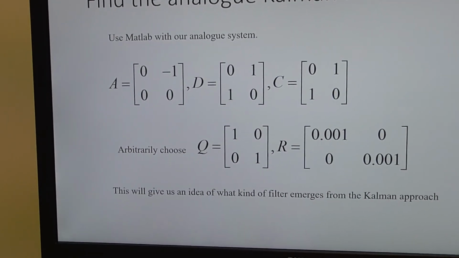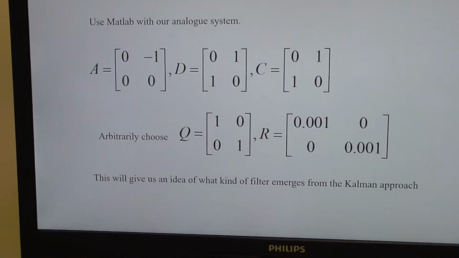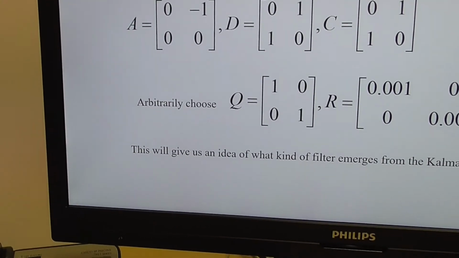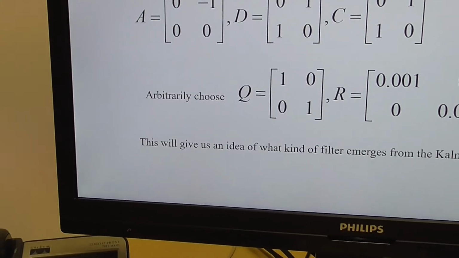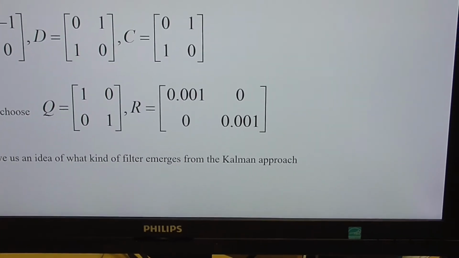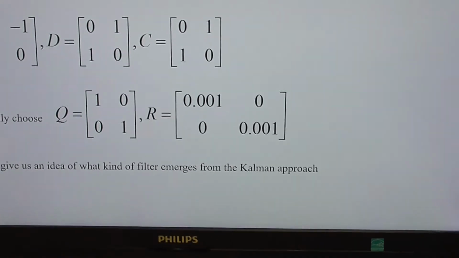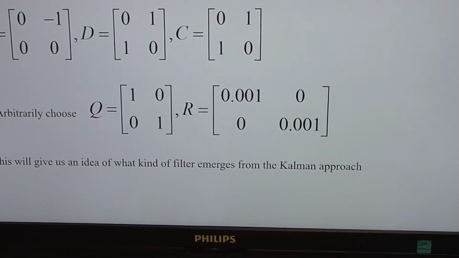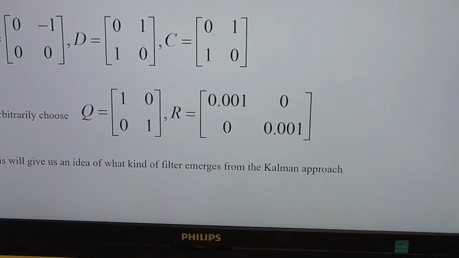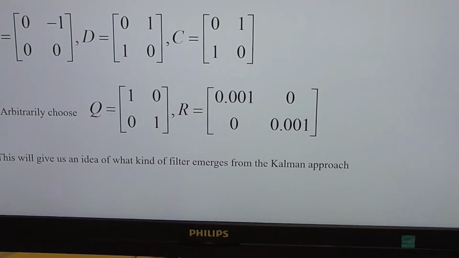So here, just arbitrarily, I've made the Q covariance matrix for driving noise just unity. I've just normalized it. Doesn't matter what it is at the moment. And I've just made R diagonal 0.001. And again, there's no logic to that. I could make it anything I wanted, just to get a rough idea of what the filter will look like.